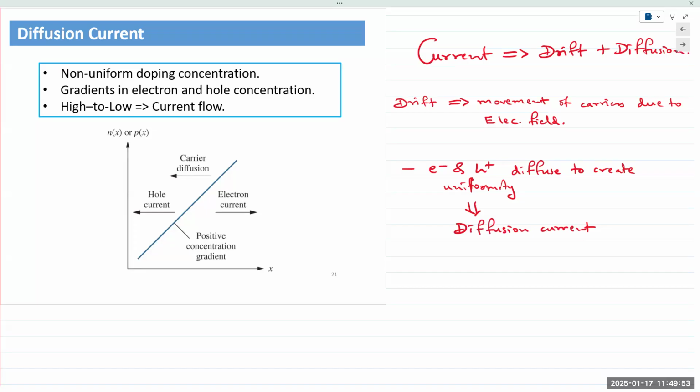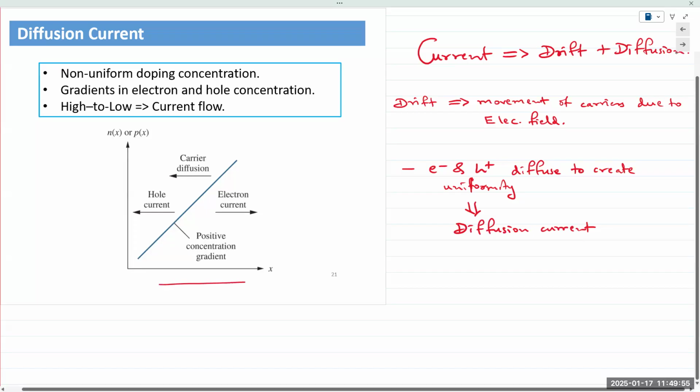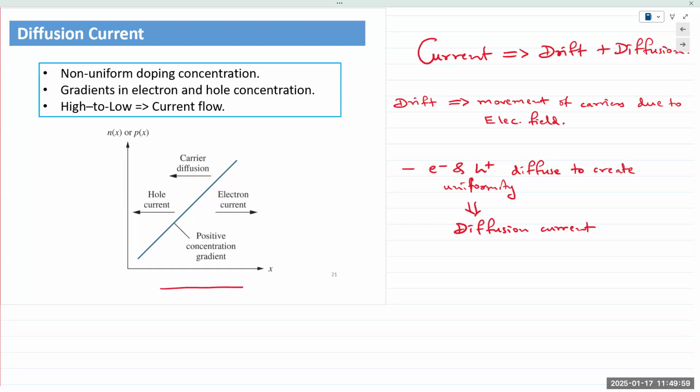So as we go along this path right here, the concentration is higher at this end, and here, concentration is lower.